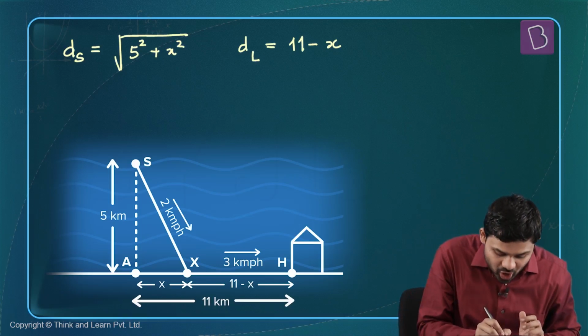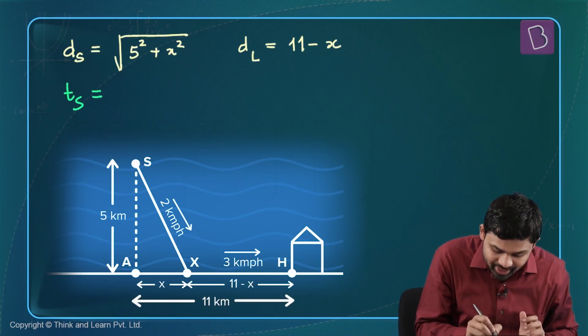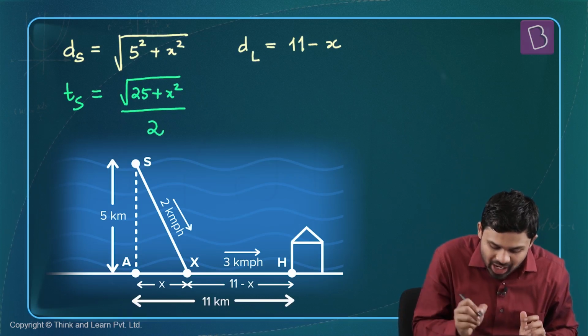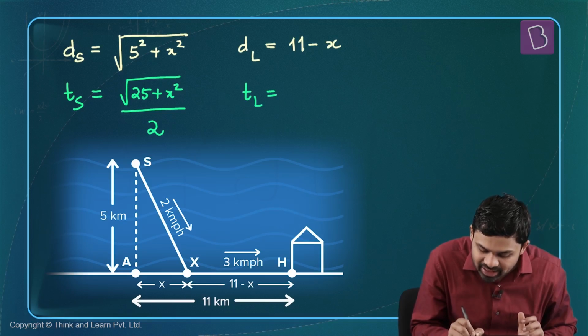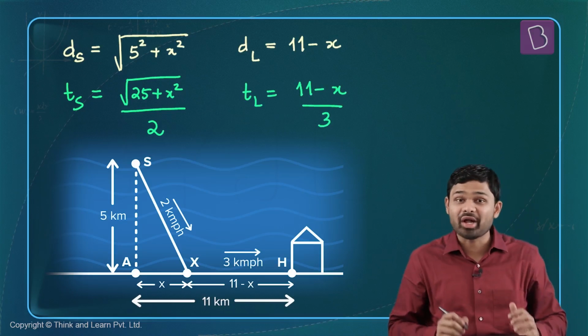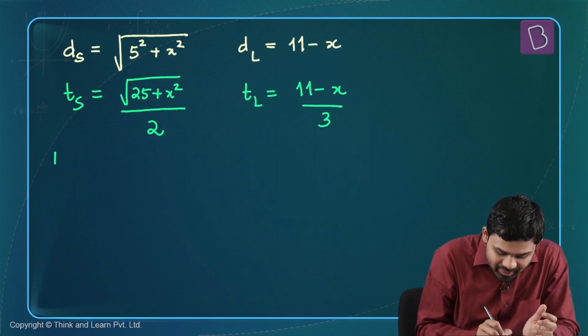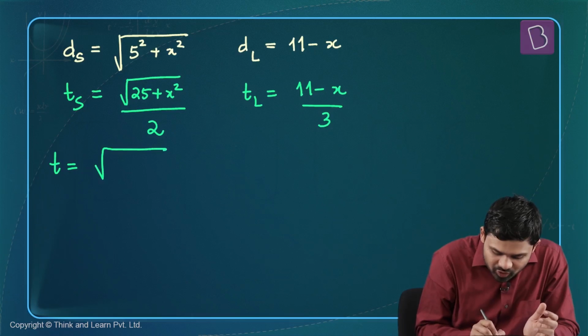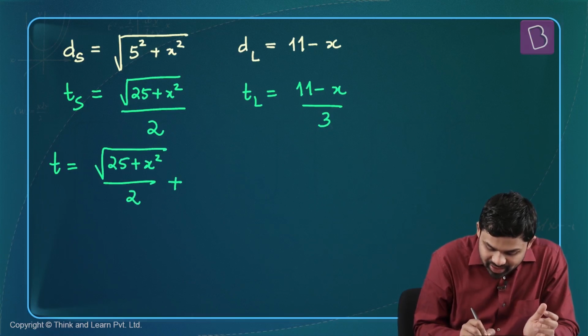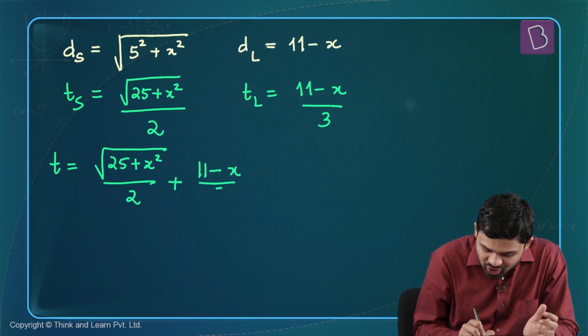Now the time taken on the sea is distance divided by speed, so that is going to be under root of 25 plus x square divided by 2. And the time taken on land will be 11 minus x divided by 3, because that's the speed on land. So the total time taken will be under root of 25 plus x square divided by 2 plus 11 minus x divided by 3.